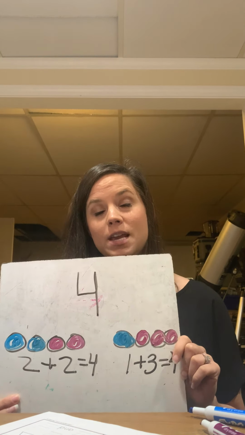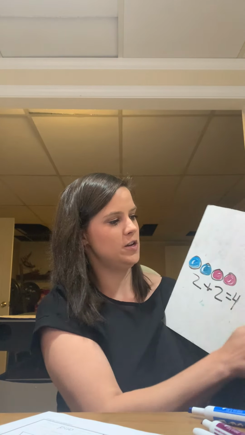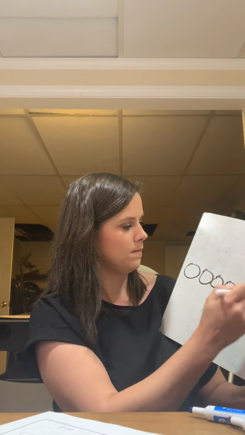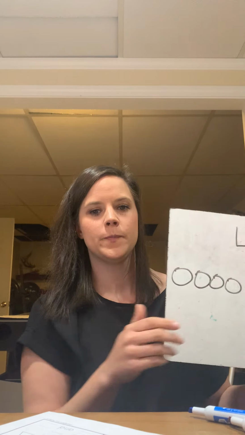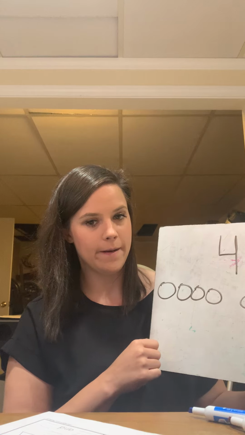So there's 3 more ways to make 4. So let's try them out. Use my eraser here. So I've got to draw my 4 circles one more time. So we've done 2 plus 2 and 1 plus 3.